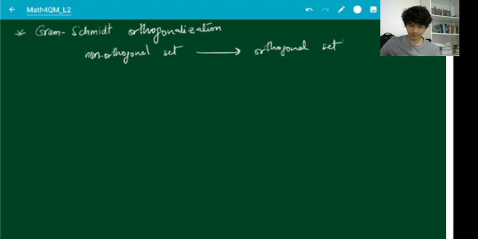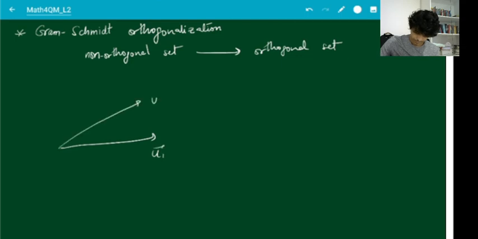Intuitively, it's very simple what's happening over here. If I give you two vectors, and let's go back to our intuitive sense of looking at it as something that has magnitude and direction, so as these arrows over here. So if I give you two vectors u1 and u2, and I say starting from this, let me make it bigger. Clearly they are not orthogonal, right?